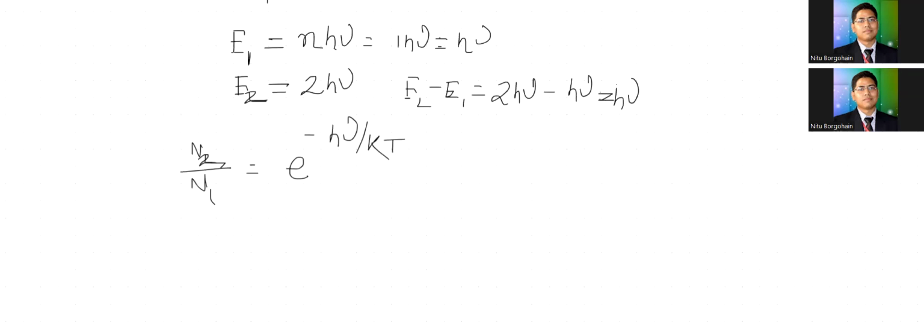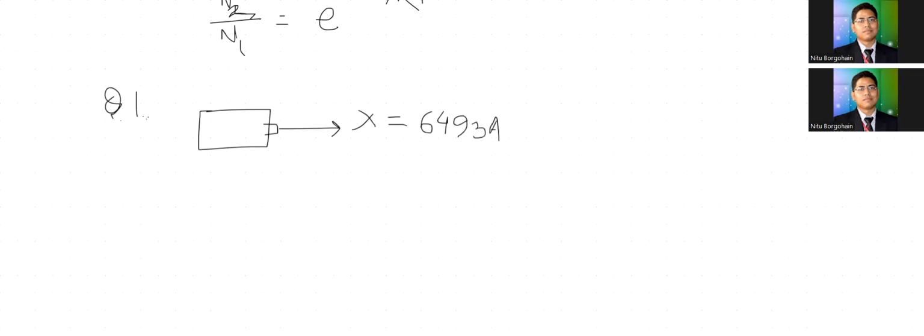So first problem, let us discuss our first problem. Question number 1 says that a ruby laser is emitting photons of wavelength lambda equal to 6493 angstrom, and the temperature of operation is T equal to 27 degrees centigrade.